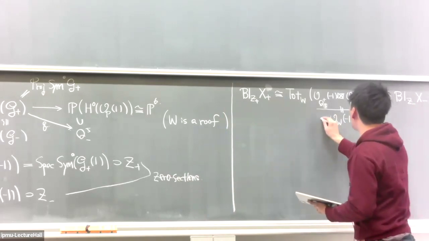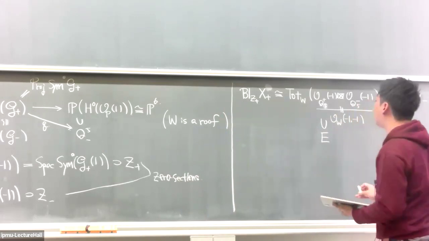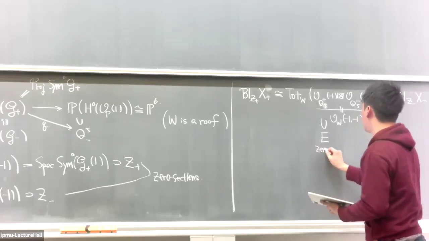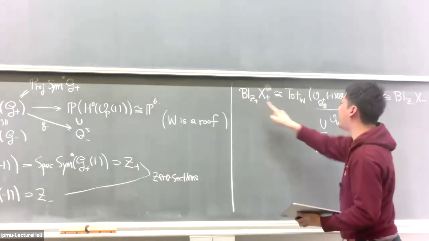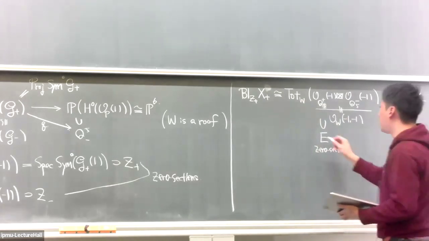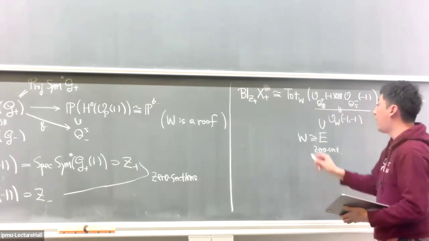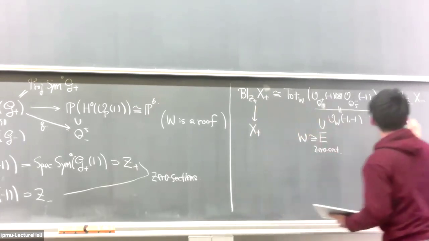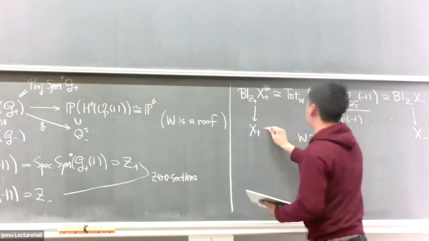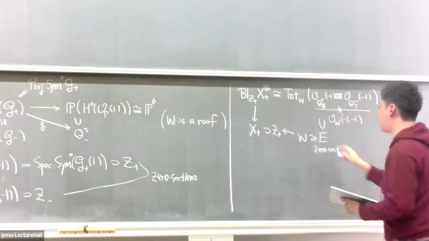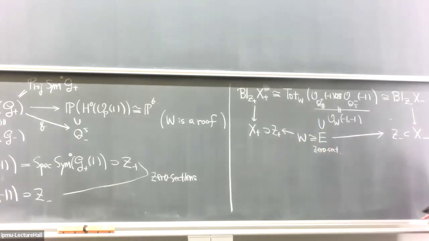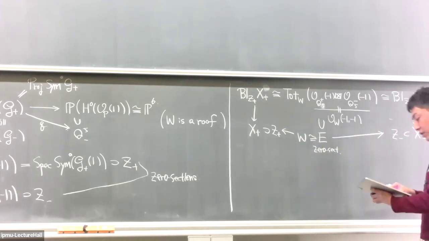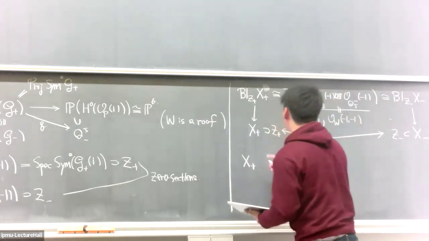If you consider the section here, E, the exceptional divisor for these two blowups is isomorphic to W. Because this is the exceptional divisor, we have two projections into the sections, and this recovers the sorts of the blowup.